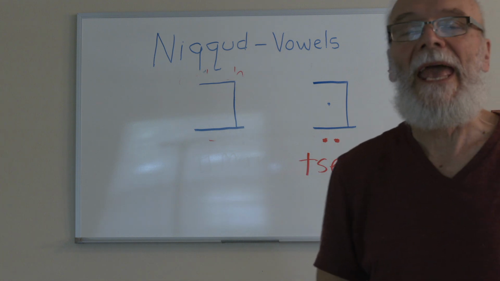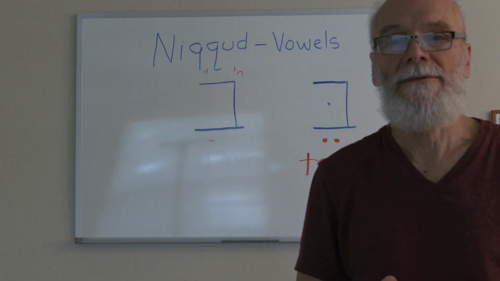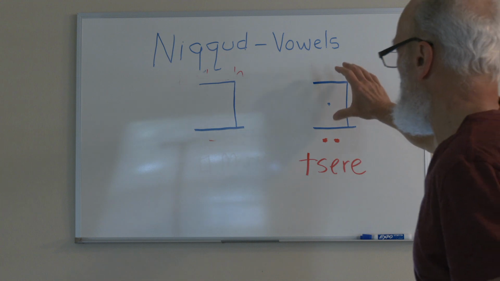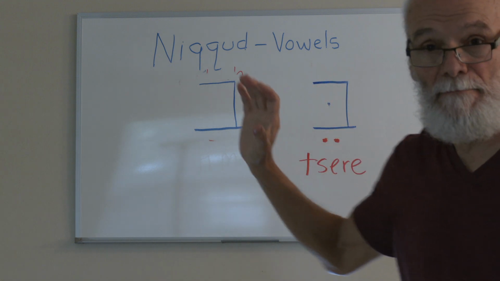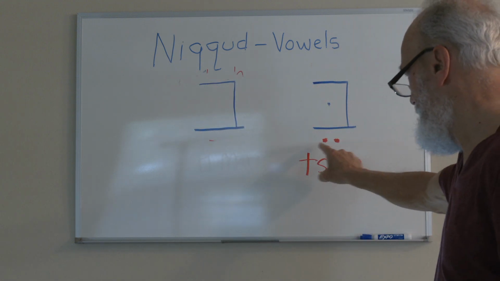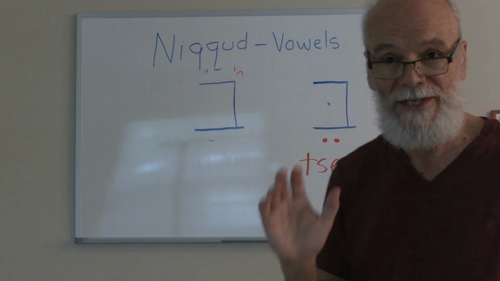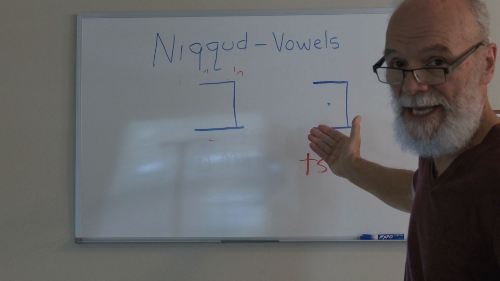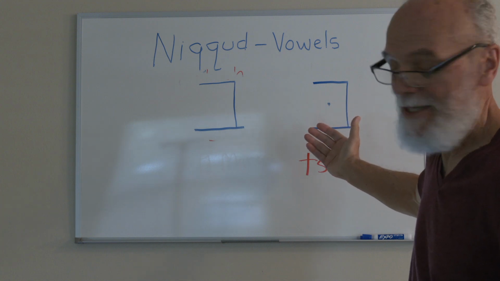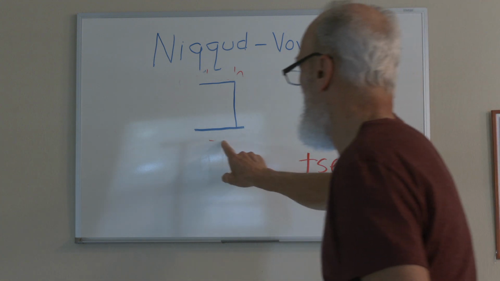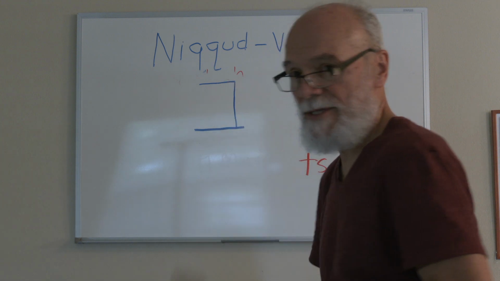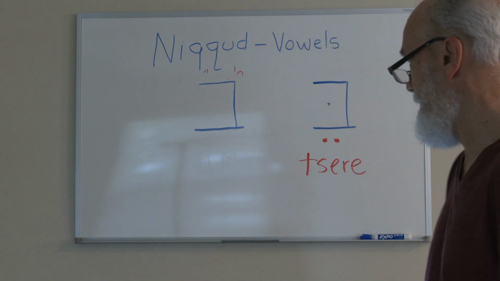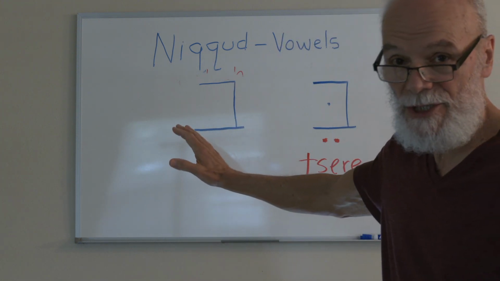And that makes an A sound. So with the bet that says ba, and the vowel tsire that says a, this would sound bay. Bay. Okay?